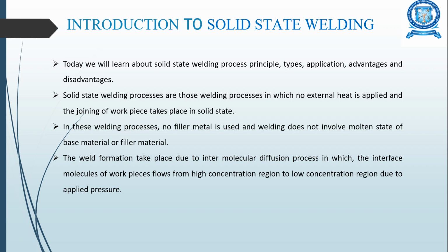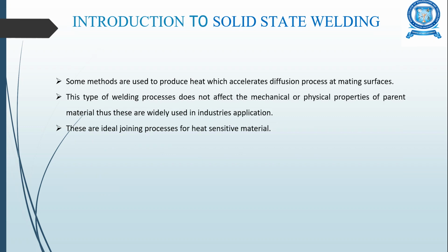That is, the interface molecules of the workpieces will flow from high concentrated region to lower concentrated region, due to the applied pressure. Some methods are used to produce heat with the accelerated diffusion process at the meeting surfaces.